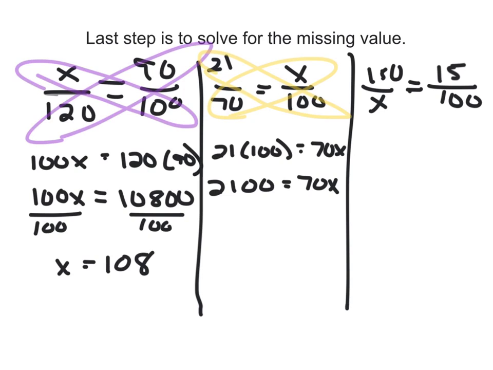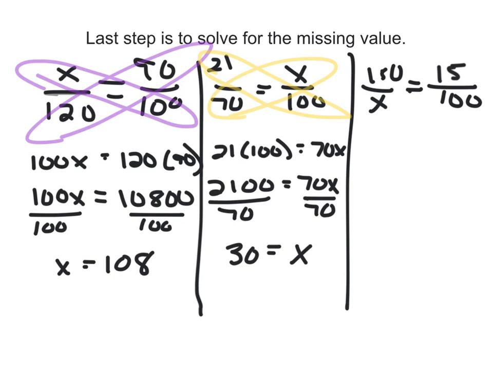Again, I'm at that stage where there's nothing on the left side or right side of that equal sign that I can solve, so I need to get my variable by itself. I'm going to do the opposite of what's being done. So 70 is multiplying x, so I need to do the opposite, which is divide by 70. And I end up here with 30 equaling x.